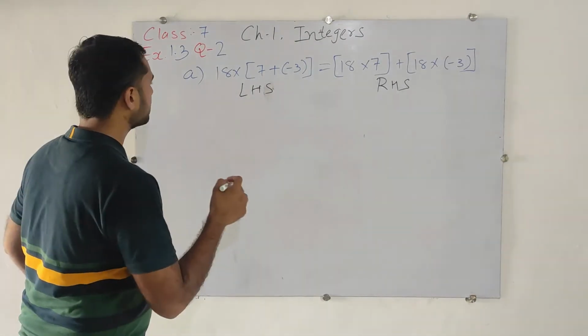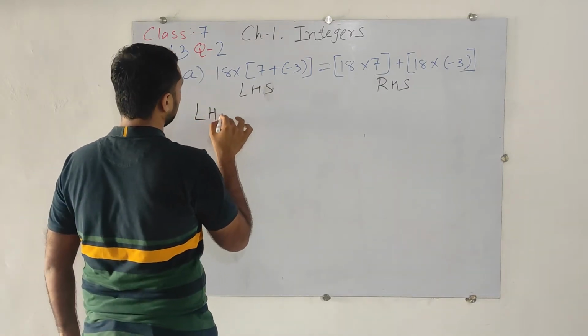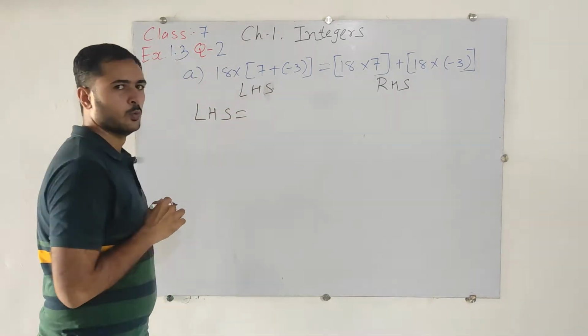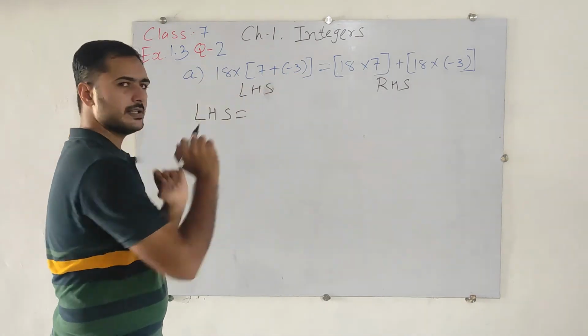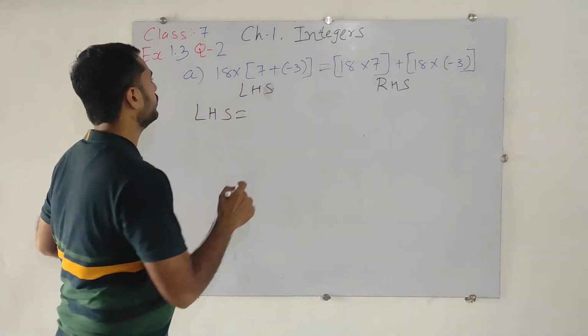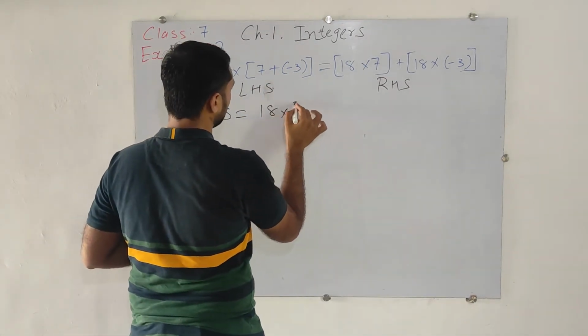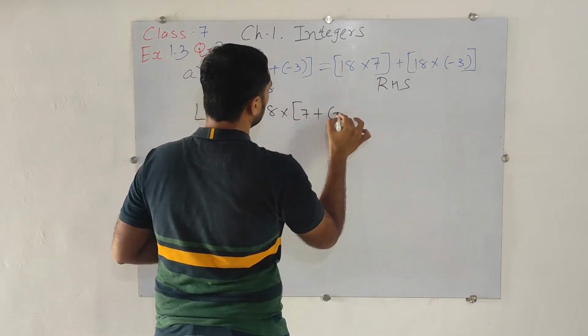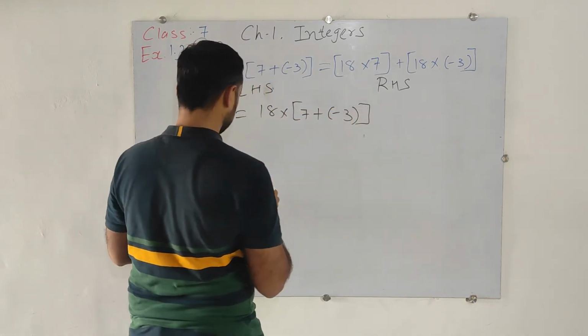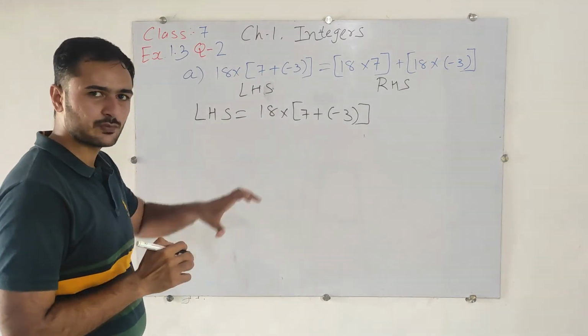First of all, I am going to start with the LHS. So LHS is equal to, what is the left hand side? This one is the left hand side. So I am going to note down 18 multiplied by 7 plus minus 3. Now I have to solve this first.